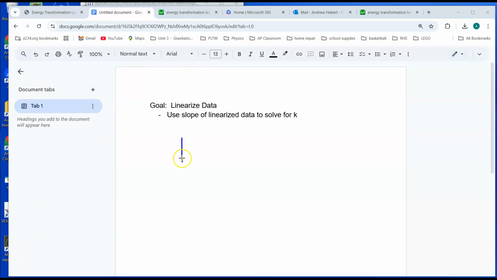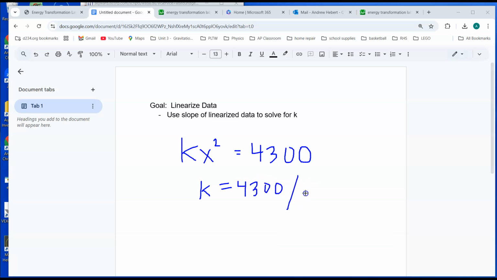All right, so we have kx squared from our previous math. That was our slope, equal to, according to the graph, 4,300. So I should be able to solve for k. So k is going to be equal to 4,300 divided by x squared. And I was pulling the spring back 2 meters.